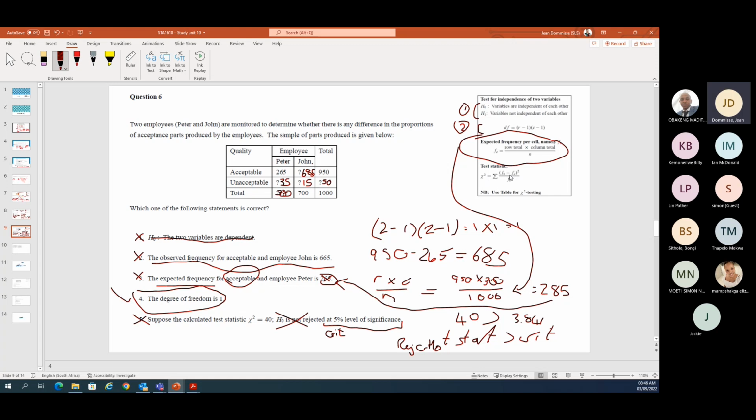The T stat we will do in the next one nearly, but I think I'll keep that as one for last or for you to do. And then we also used the table to get to our critical value.